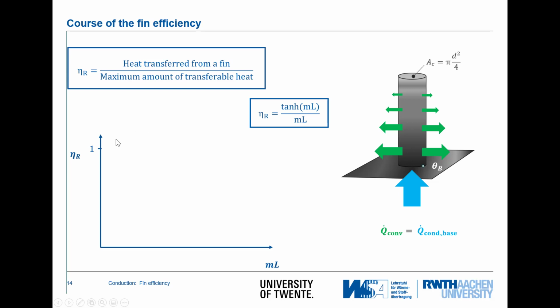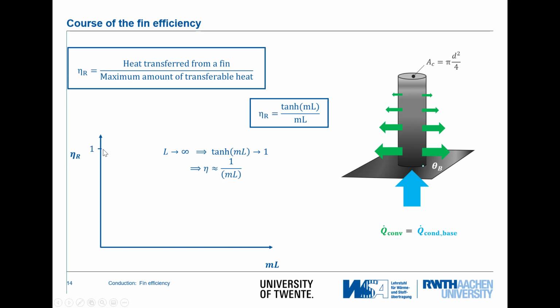Now if we do the drawing for the diagram of the fin efficiency versus the fin parameter ml, we should first see what happens for large values of ml and what happens for low values. For large values, L goes to infinity, so the tangent hyperbolicus of ml approaches 1, and as such the fin efficiency decreases by 1 over ml.